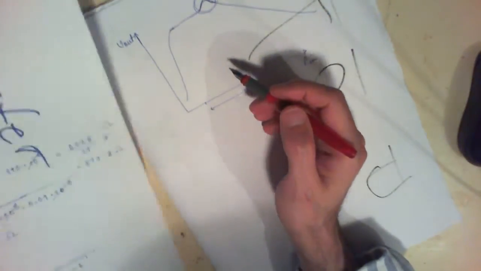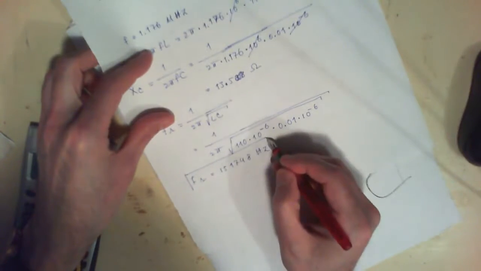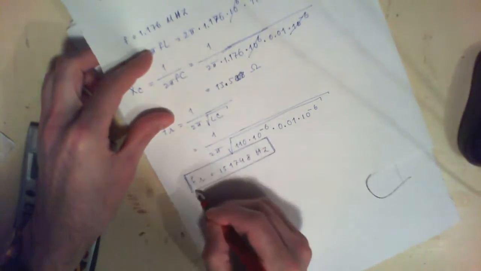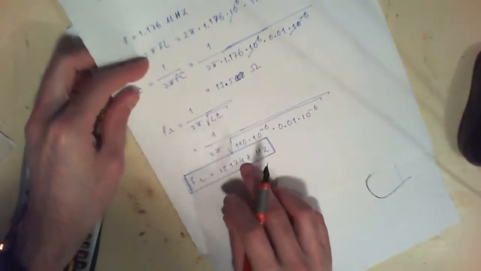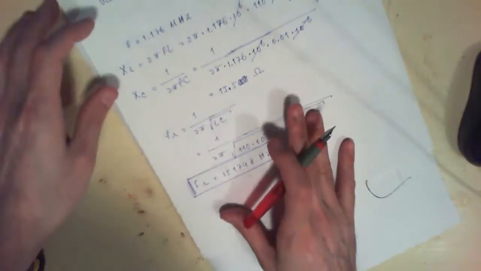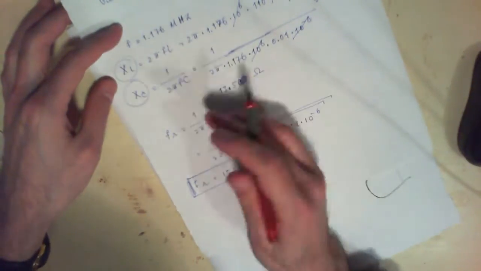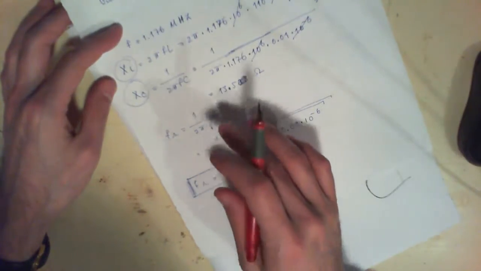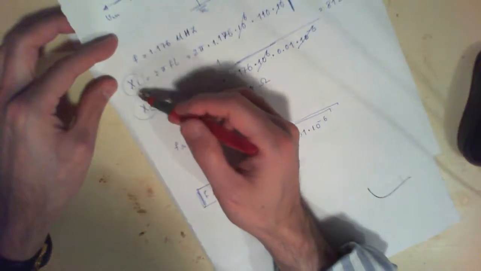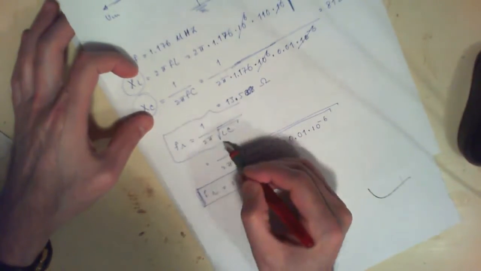So now if I use this frequency for this circuit, certainly the X of C and X of L are going to have the same values, because we equated these two formulas together, and then we got this formula here.